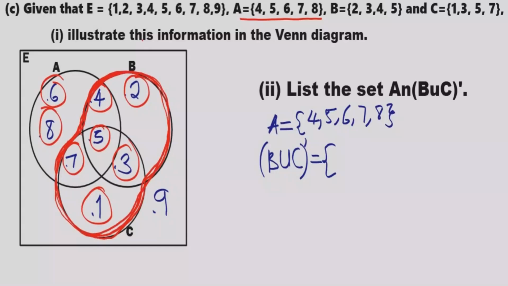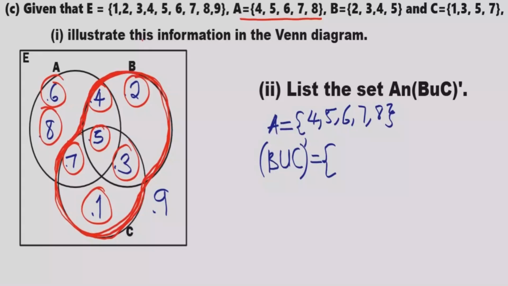When we say complement, we are saying excluding members of B union C. When we say B union C complement, we are saying we form a set that does not contain any member of set B union C. That is B union C complement.